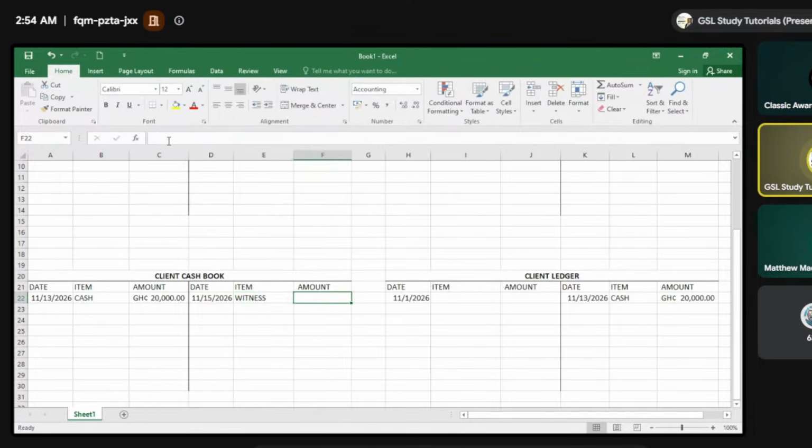The witness amount is 3,000. I am crediting my client cash book, sorry. So here is witness. I am debiting it with 3,000. Good.